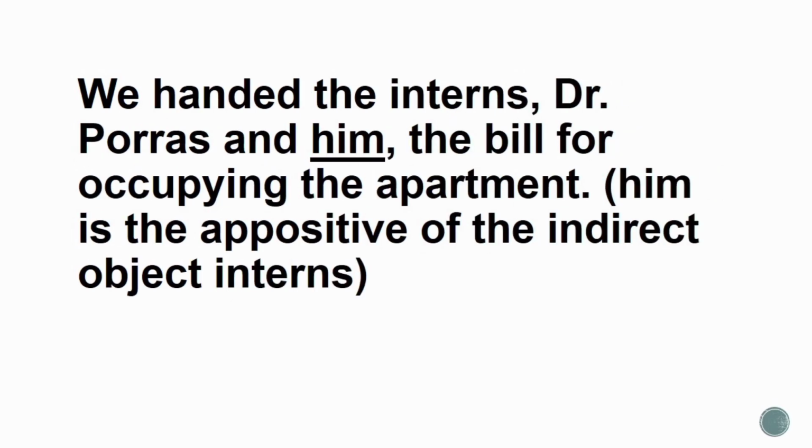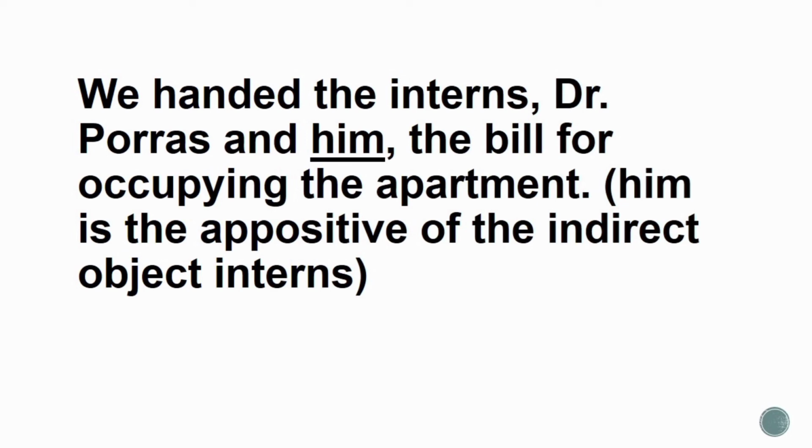Last example, we handed the interns, Dr. Porras and him, the bill for occupying the apartment. So this time our pronoun him is the appositive of the indirect object interns. Okay, the bill is the direct object and it is receiving the action of being handed. Handed to whom? To the interns, making the interns the indirect object.